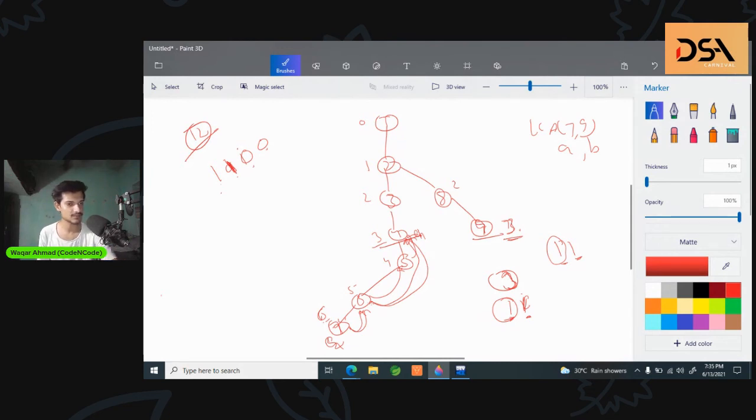To make a jump of 12, instead of going one by one, it will check the 0th bit. The 0th bit is not set, so you won't make a jump of length 2 raised to power 0. Okay, so you won't go and see who is my 2 raised to power 0th parent, that is the direct parent. The 1st bit is also not set, so no jump of length 2 raised to power 1. The second bit is actually set for this number, so who is the node at distance 2 raised to power 2, which is 4, right?